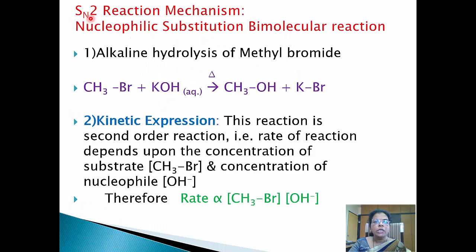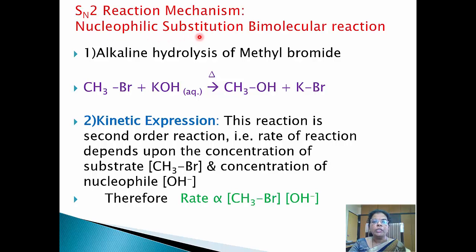First we are going to see the SN2 reaction mechanism, that is nucleophilic substitution bimolecular reaction. Here N stands for nucleophilic, S stands for substitution and 2 stands for bimolecular.